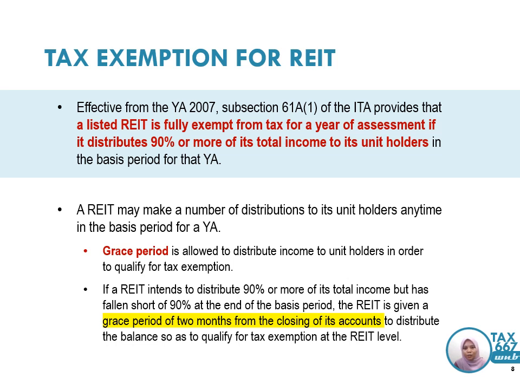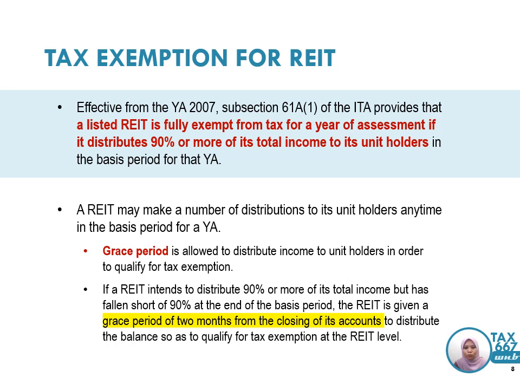So I put it into illustration. Let's say kita punya closing 31 Disember. By 31st of December 2020, kira balik percentage of income distribute to unit holders tahun ni over total income, I baru ada 85%. So I tak qualify for exemption. So apa yang I boleh buat?